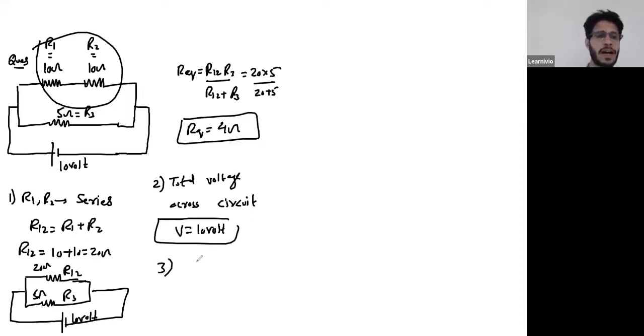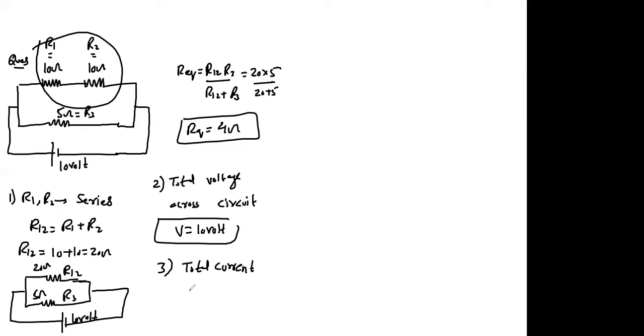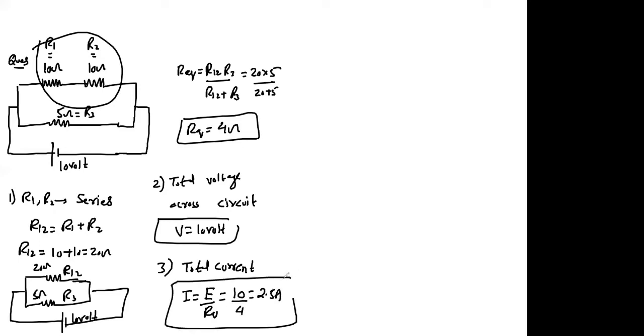Okay, Jubena, if I ask you to calculate total current, how would you calculate it? Yes, E by R equivalent. So how much is E? 10. What about R equivalent? 4. So that's 2.5 ampere. Very good.